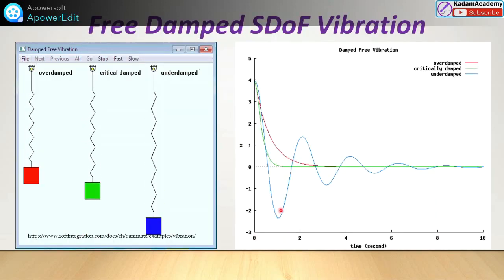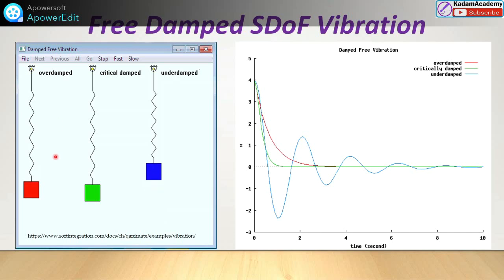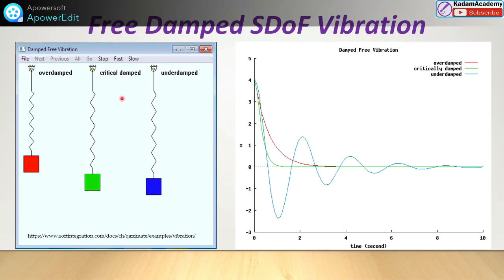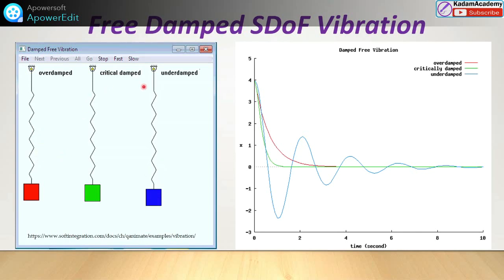In these three different cases, we can observe the actual motion of the body which is attached with the spring: in overdamped, how it moves, and in critically damped, how it moves.